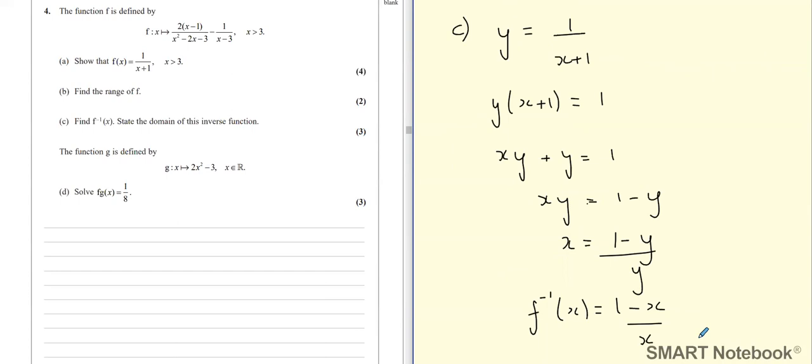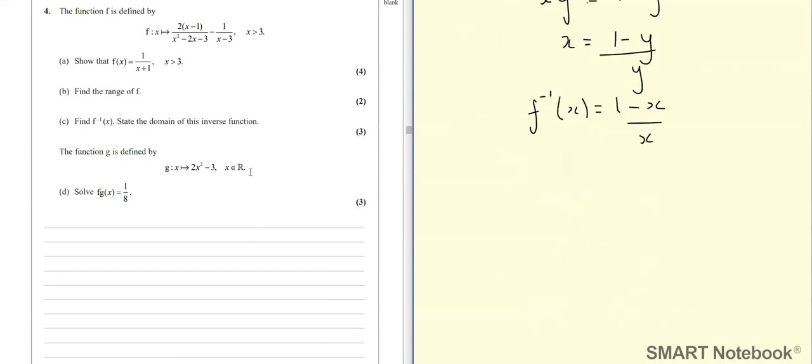Right. Now, what we're going to do next is work out the domain. Well, you should remember domain of inverse equals range of original.